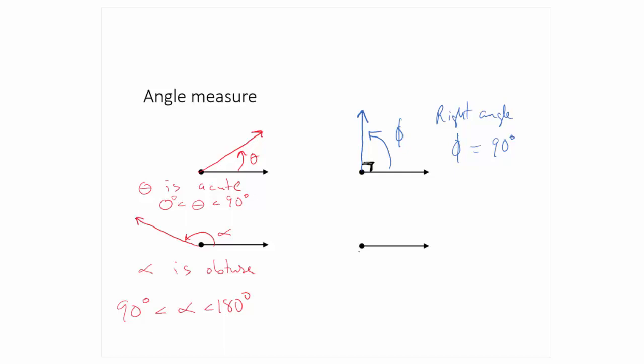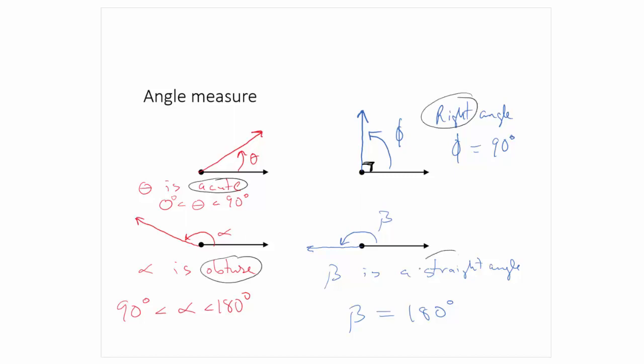And if we have an angle that's exactly 180 degrees, a full half rotation, I'll call this one beta, we see that beta is a straight angle. And so beta measures exactly 180 degrees. So a little more terminology here. You should be familiar with what we mean by acute, right, obtuse, and straight as they relate to the measure of angles.